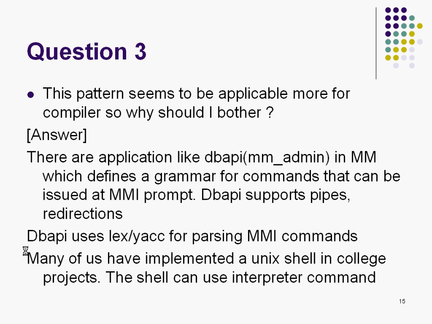And of course, many of us have implemented a Unix shell in our college projects. So a shell, like a K shell or a Bourne shell, can take commands like ls or move or date or something. And then you can pipe out the output of that command to some other command. And so the language, the set of valid commands, can be represented by a grammar. Because you have to make sure that the user does not type an incorrect command.